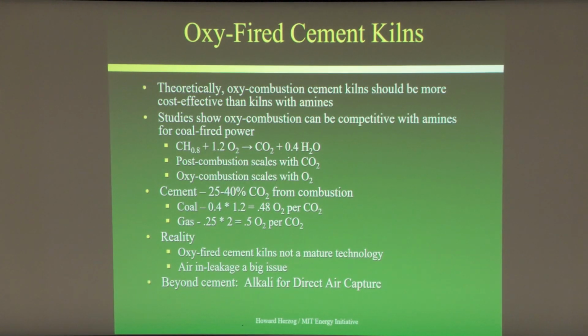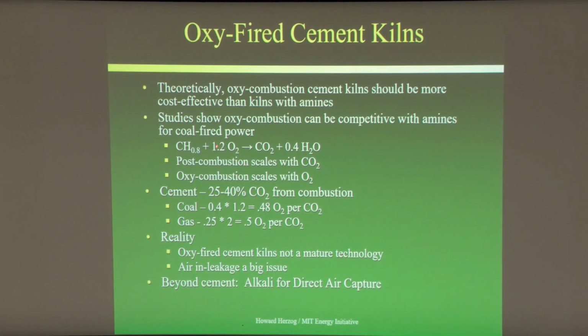If you look at a cement plant, because so much of the CO2 is created from the calcining of the limestone, that creates CO2, but it doesn't need any oxygen. If you look at a cement plant that's fired with coal, you see that you only have about half a molecule of O2 per molecule of CO2.